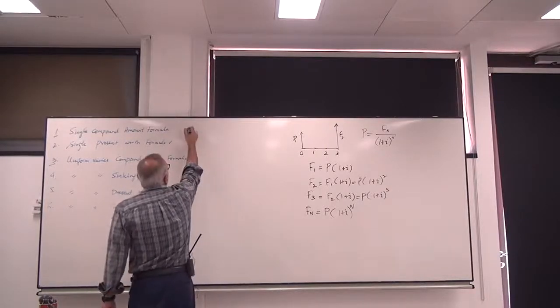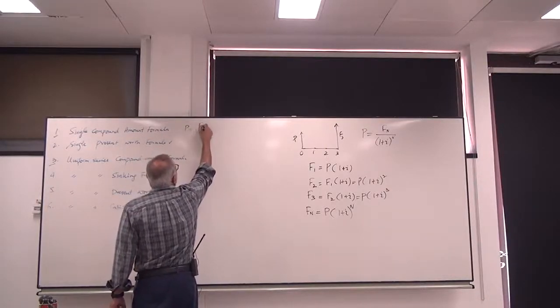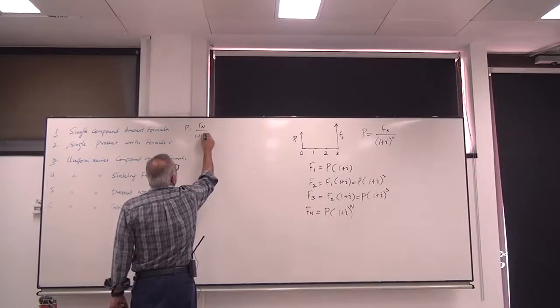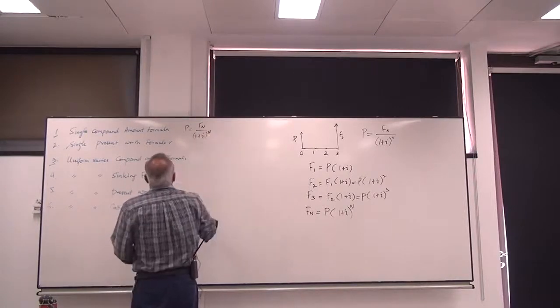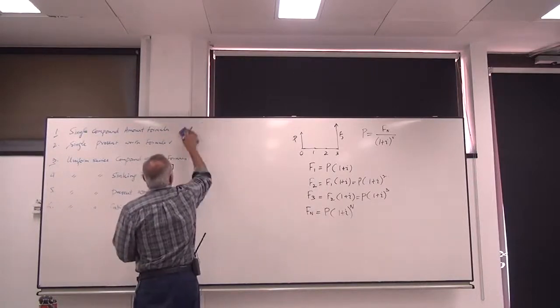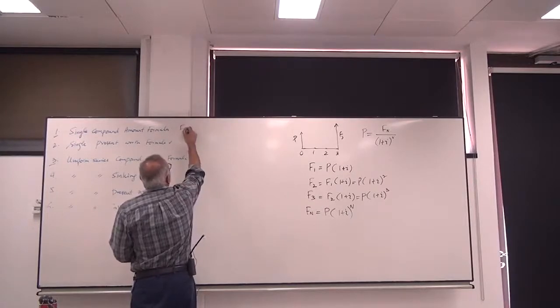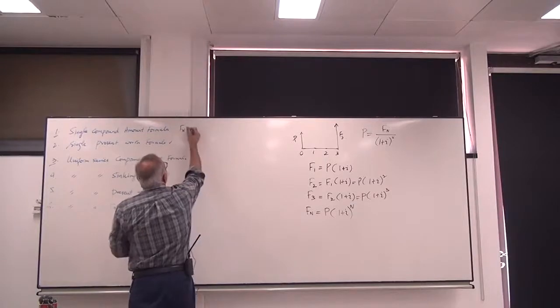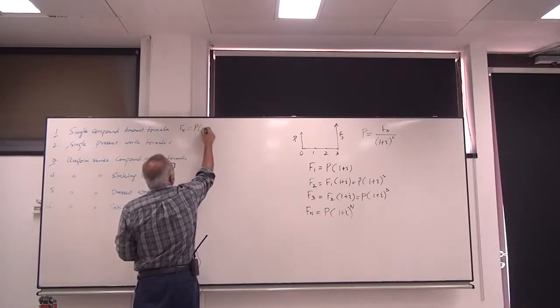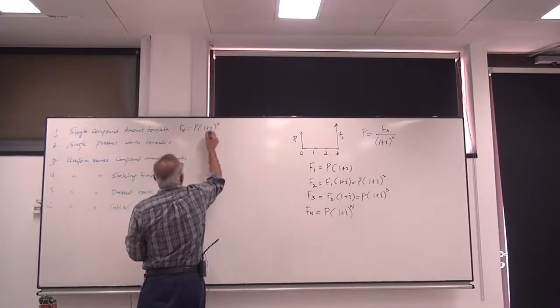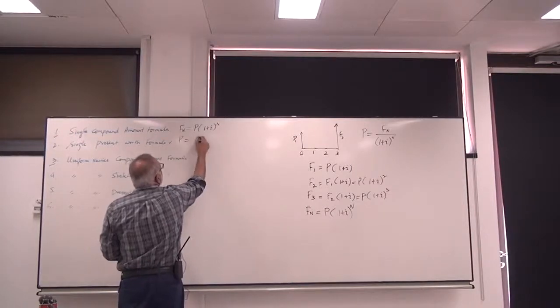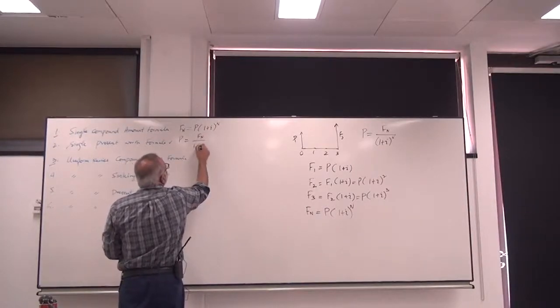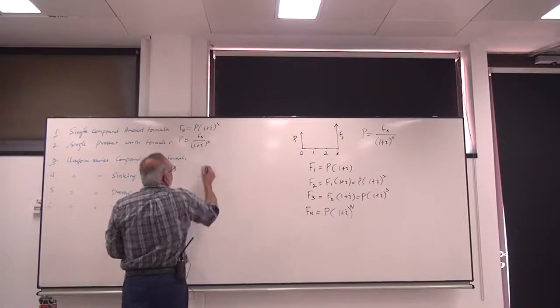We have P is equal to Fn over 1 plus I raised to the power N. First of all, Fn is equal to P into 1 plus I raised to the power N, and from here we get P is equal to Fn over 1 plus I raised to the power N.